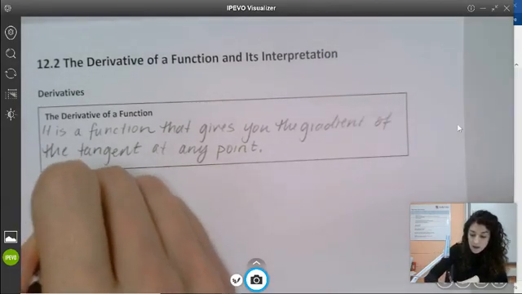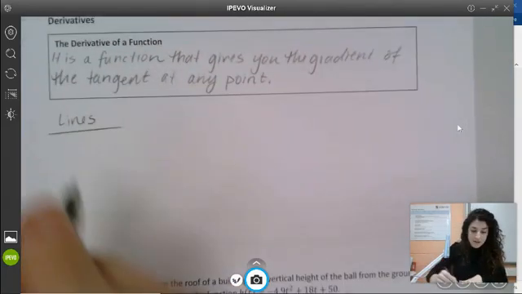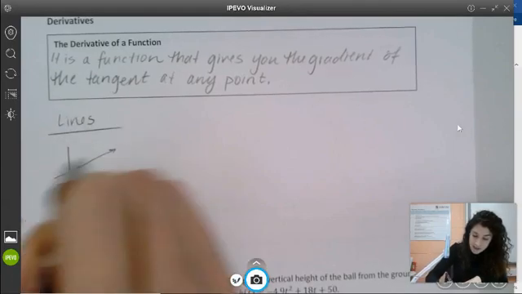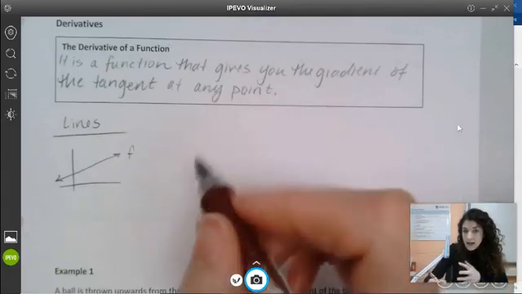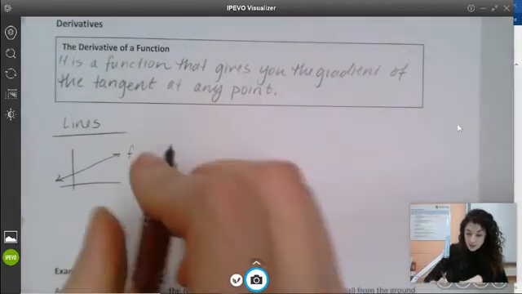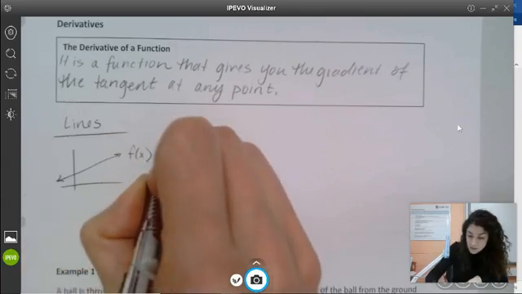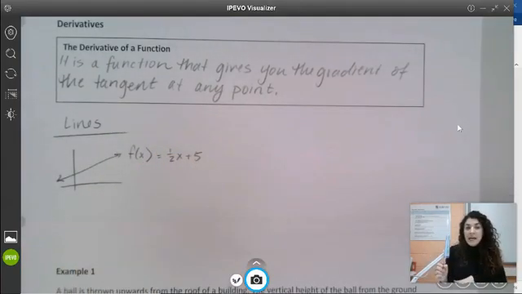So it has some ideas that go with it. This is like a brand new idea for you guys. So if I were to draw something that looks like this, it's a line, first of all. A straight line is redundant because all lines are straight. So f of x equals, we're going to call this 1/2 x plus 5.